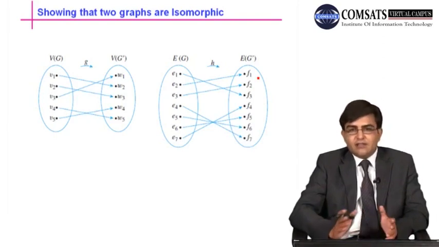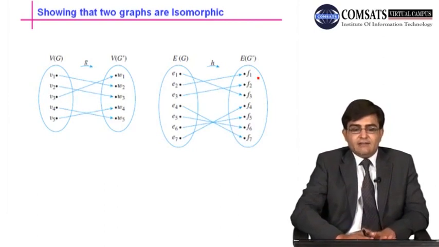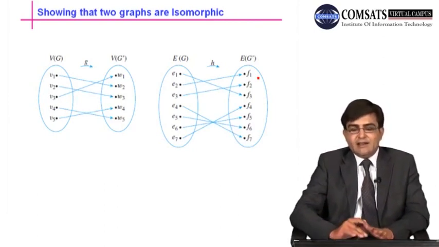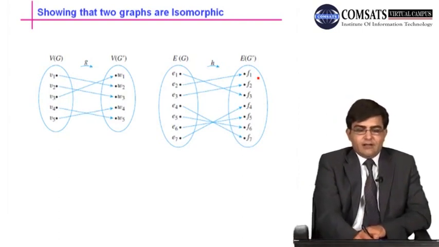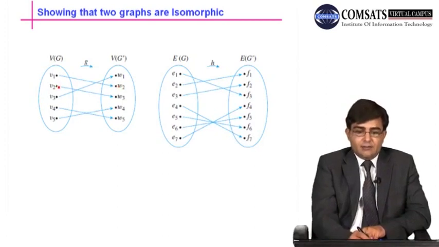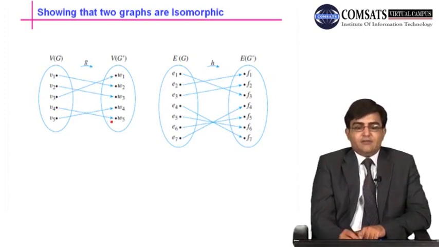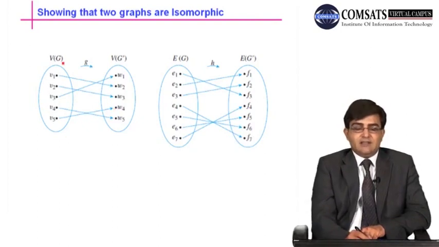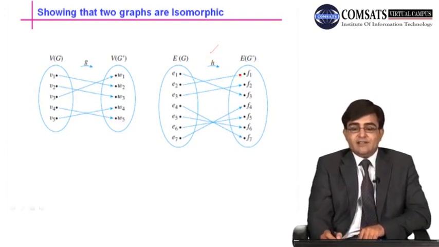You can find some other. There may exist many one-to-one correspondences between the vertices of G and vertices of G dash, and edges of G and edges of G dash. So if we connect V1 to W2, V2 to W3, V3 to W1, V4 to W5, V5 to W4, this gives you the one-to-one correspondence between the vertices of G and G dash, and similarly h gives a one-to-one correspondence between edges of G and G dash.